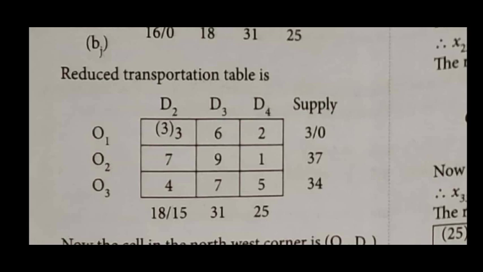Now we take the first corner, the first column element, which is 18, whereas in the first row it is 3. So we subtract these things. Here 18 minus 3 we get 15. 3 minus 3 is 0.